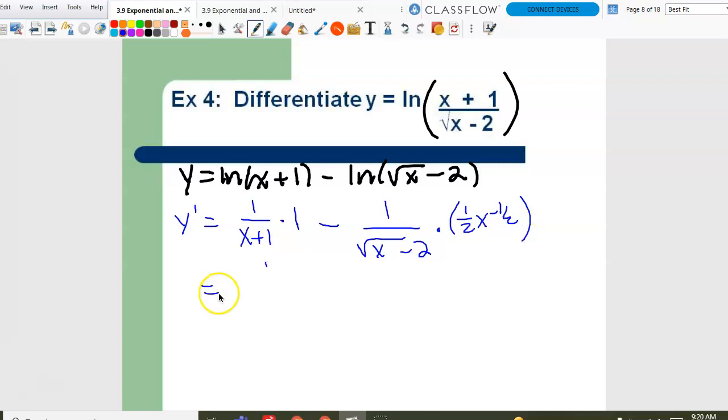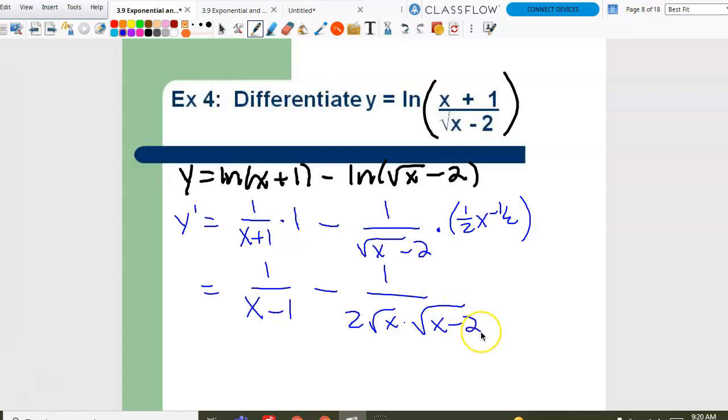So then you get 1 over x minus 1 minus 1 over 2 square roots of x times the square root of x minus 2.